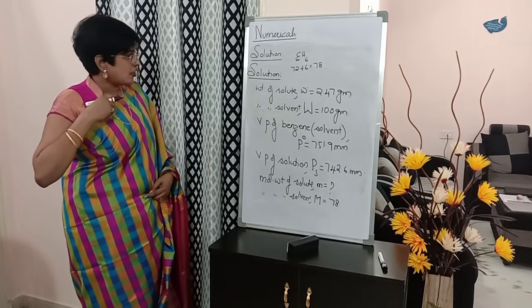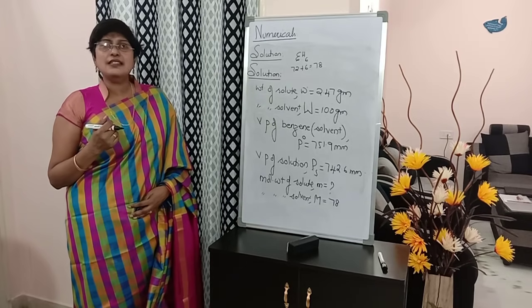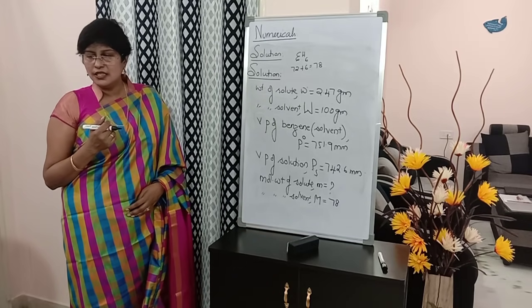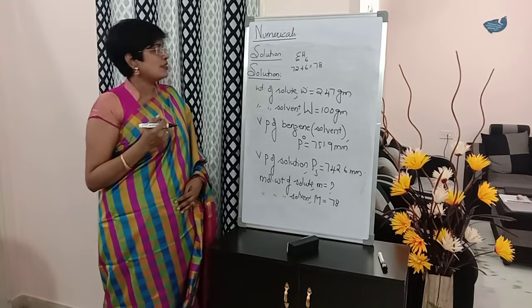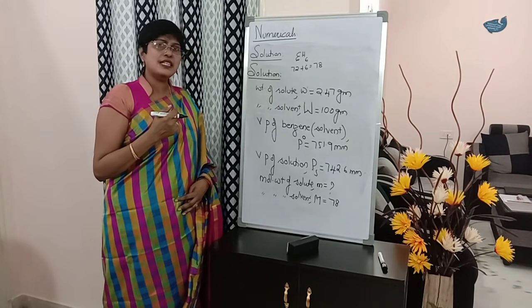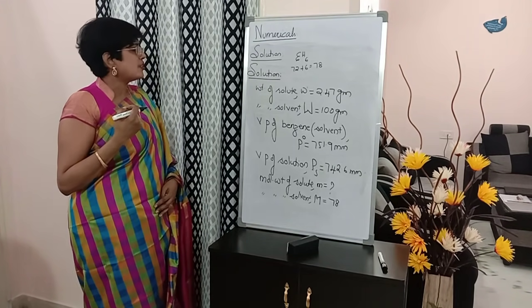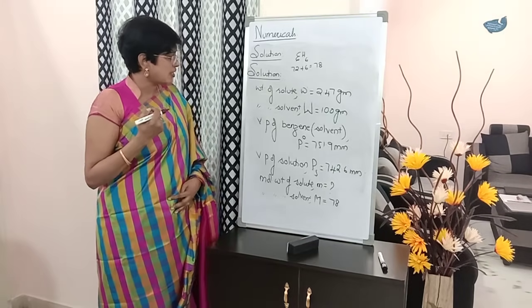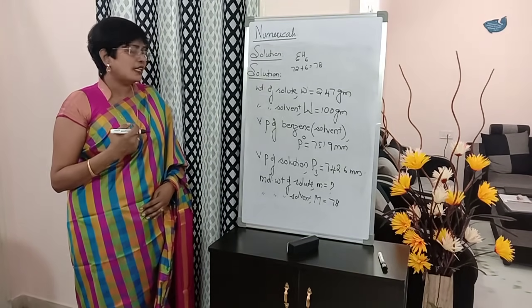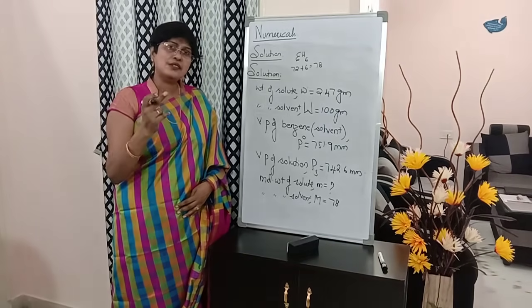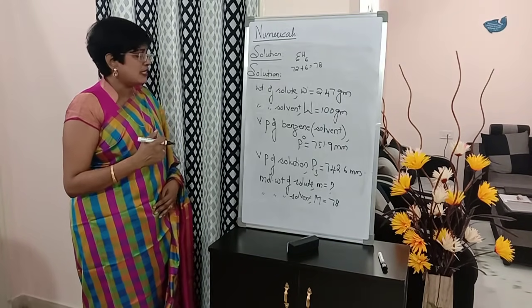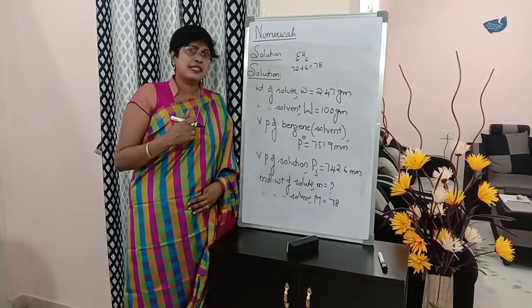So this is all the data given in the numerical, students. Weight of the solute, small w. Weight of the solvent, capital W. Vapor pressure of solvent, P0. Vapor pressure of solution, PS. Molecular weight of solute, small m, is equal to question mark. Molecular weight of benzene, capital M, is equal to 78.